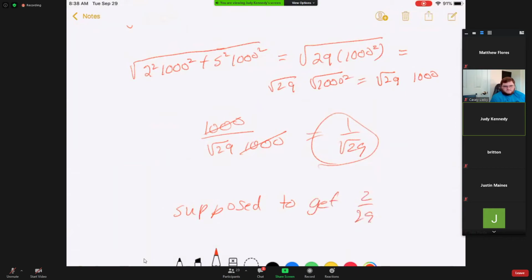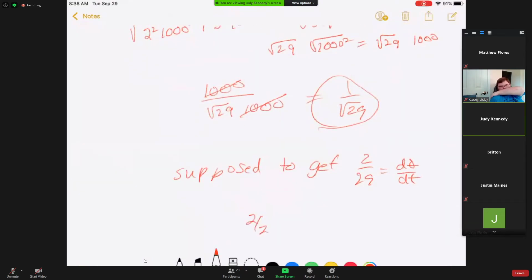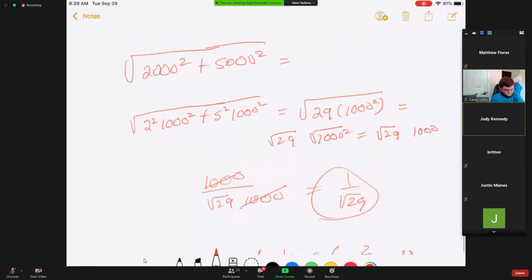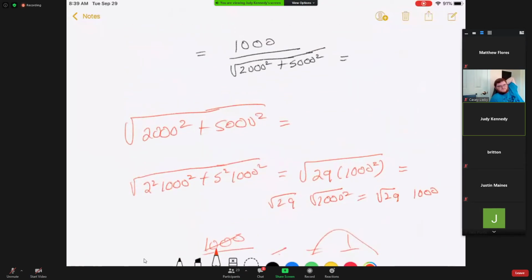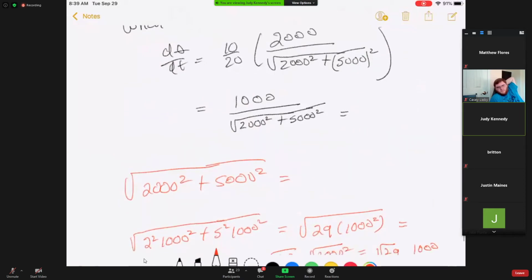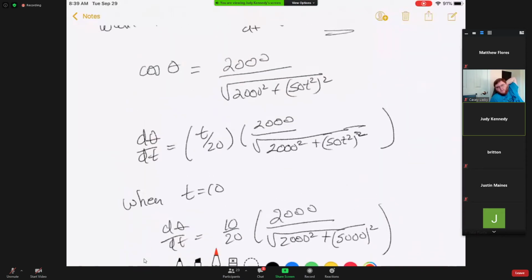So d theta dt equals 2 over 29 radians per second. Remember, in calculus, we measure angles in radians and not degrees. Okay, so I will find my error. Me and arithmetic don't always get along.